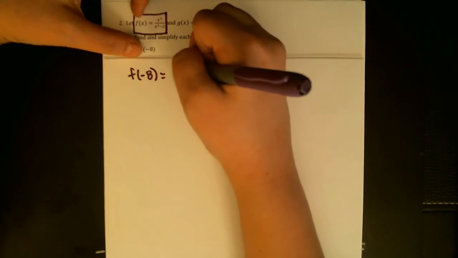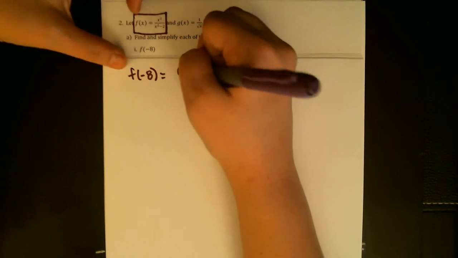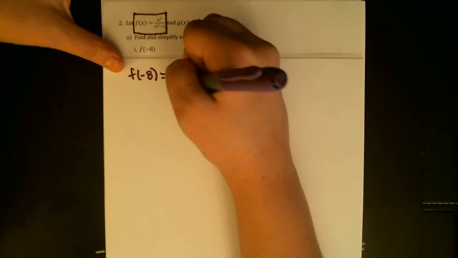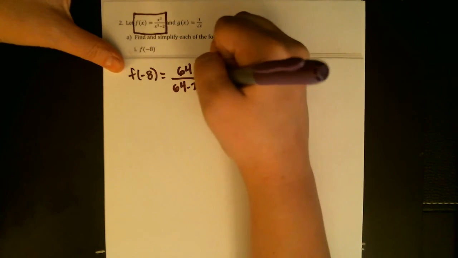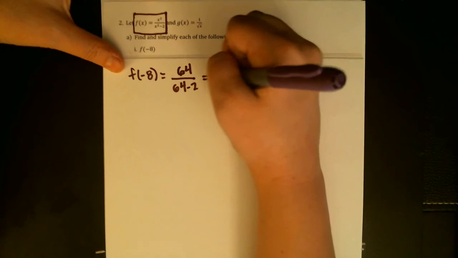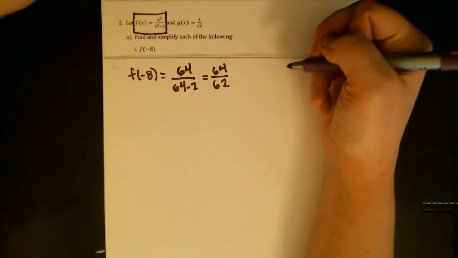The rule is that whatever you plug into this function f, it's going to build a fraction, and on the top of the fraction, it will give you the square of your input, and on the bottom of the fraction, it will give you the square of your input minus 2. So my input is -8. If I square that, I get 64. So I'm going to get a 64 over 64 minus 2, which is a 64 over 62.